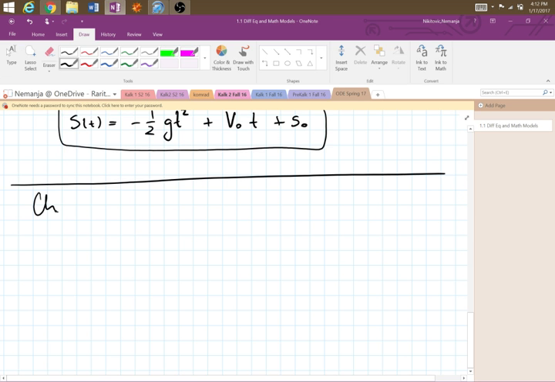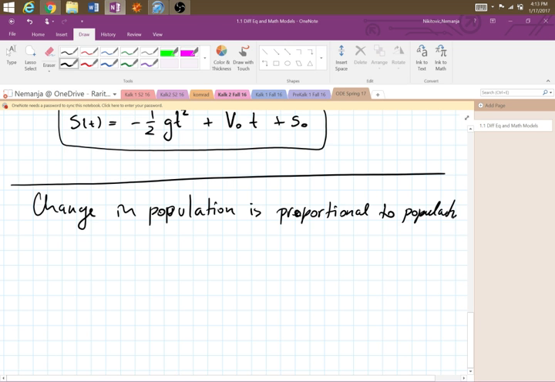So change in population is proportional to... I struggle to put this in one line because now I want to write differential equations. I want to translate this sentence directly into differential equations.